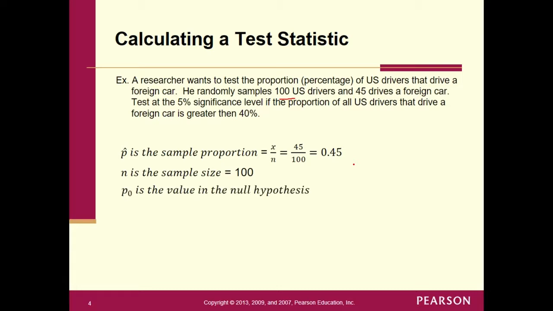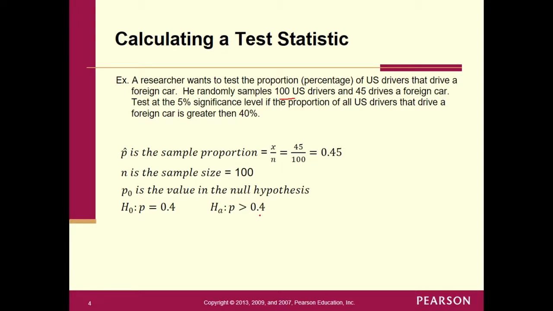So what is p sub 0 with regards to this? Remember, it's the value in the null hypothesis. So we have to formulate what's in the null and alternative hypotheses. Notice it says test at the 5% significance level whether the proportion of all U.S. drivers that drive a foreign car is greater than 40%. You could put 0.40 if you like to put the 0; it doesn't matter if you drop the 0 or not.